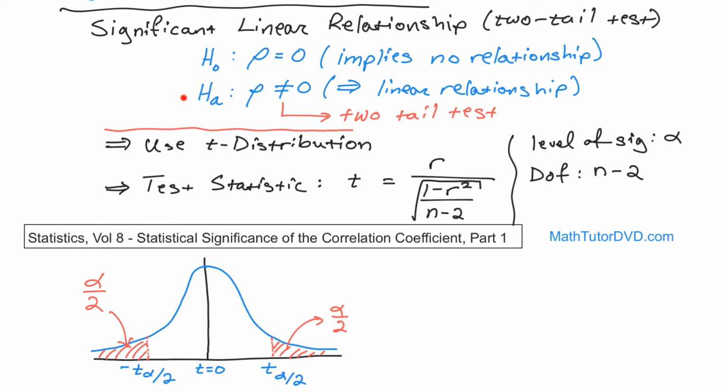In that case, since you're rejecting the null, you will say the evidence supports the alternate hypothesis, which means that rho is not 0, which means that there exists a significant linear relationship between these two variables at that specific level of confidence. So not only will we think that there's a linear relationship, but the hypothesis test will tell us that we're 95% confident that it exists, for instance.